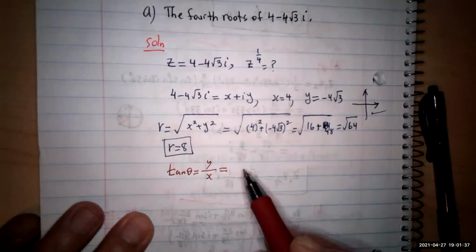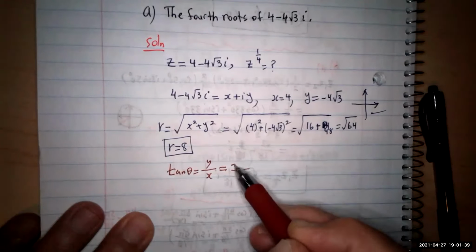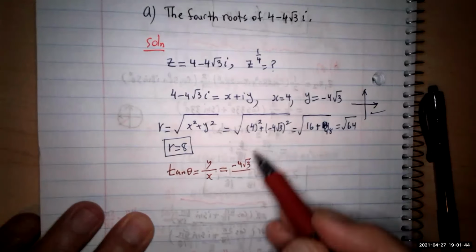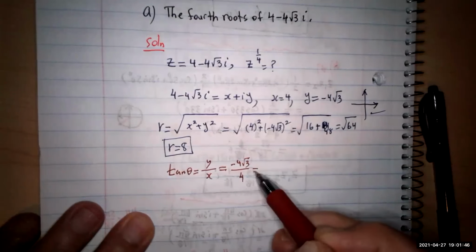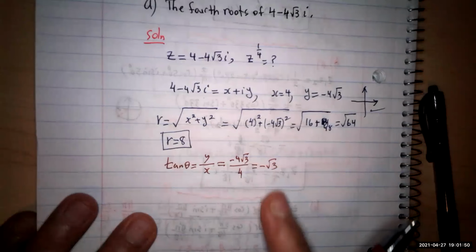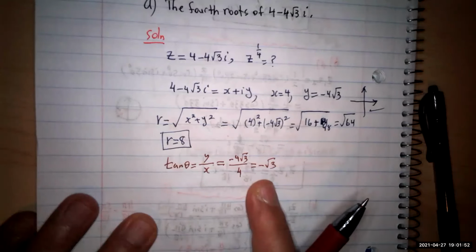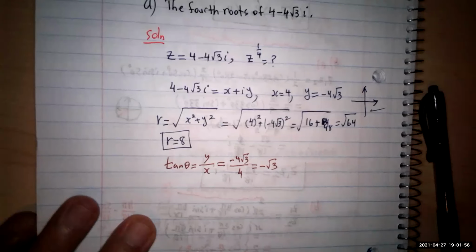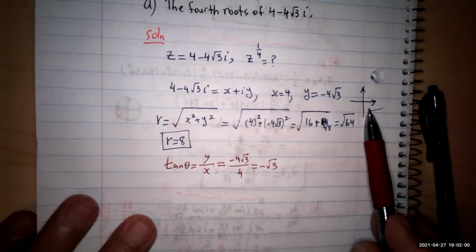Y is negative 4 radical 3 over 4, so that gives us negative radical 3. Then you have to pick the theta for this one. Radical 3 usually is the tangent of 60 degrees, but you are here, in the 4th quadrant, so it's going to be 60 out of 360, so it's going to be 300.